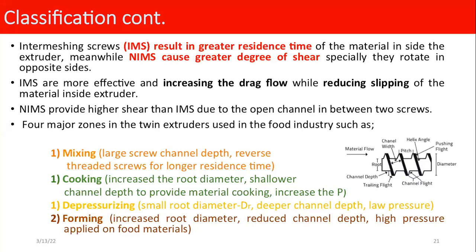Intermeshing screws result in greater residence time of the material inside the extruder. Meanwhile, non-intermeshing screws cause a greater degree of shear. Specifically, they rotate in opposite sides. So residence time is greater in intermeshing.